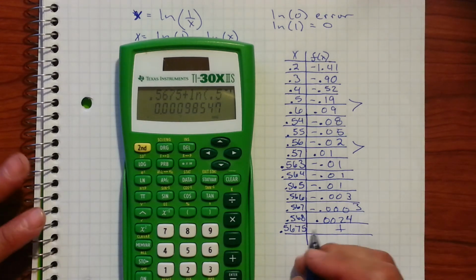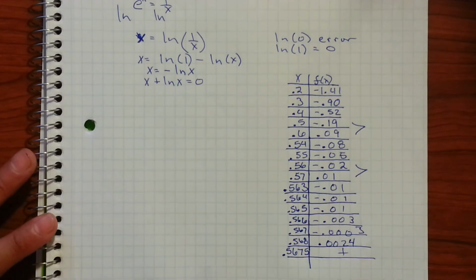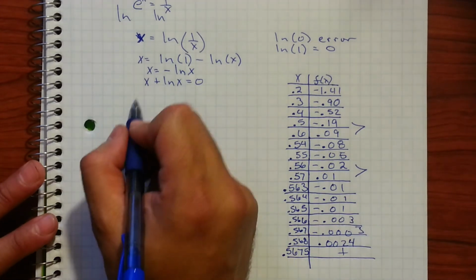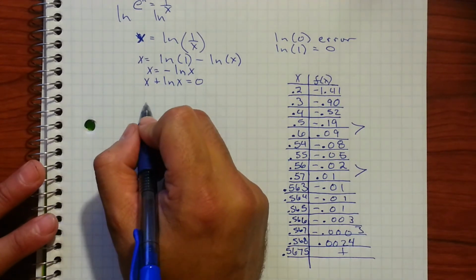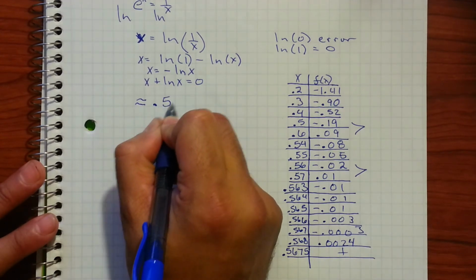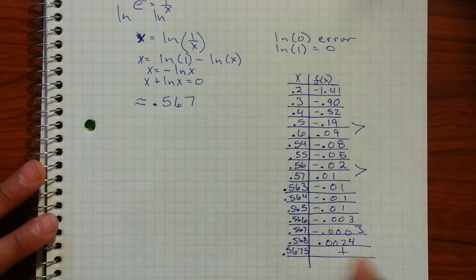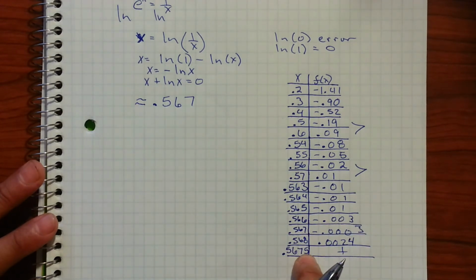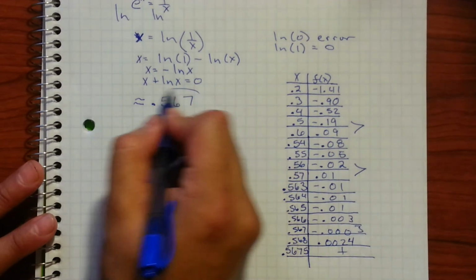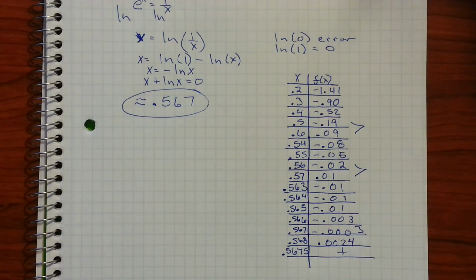That means that would round off. So my solution to this, okay, is going to be about 0.567, because that 5 was too much. So that doesn't round up, it just drops off. So that's what I'm going to have to 3 digits right there.